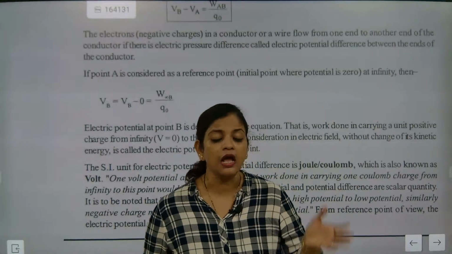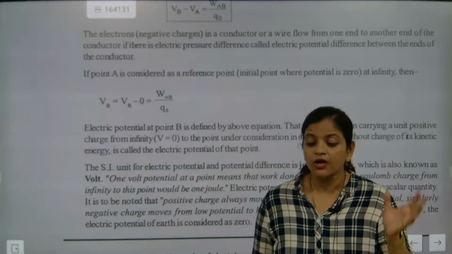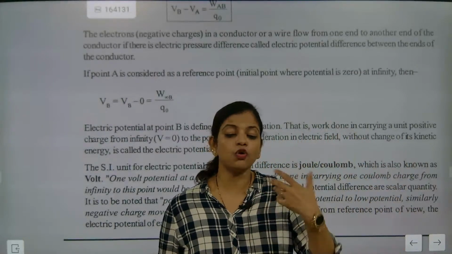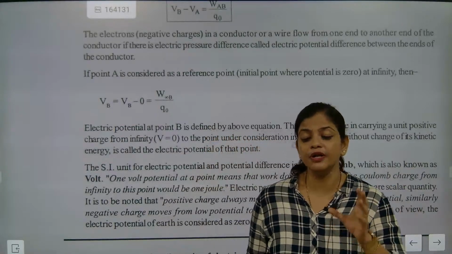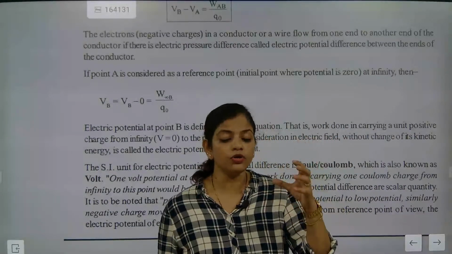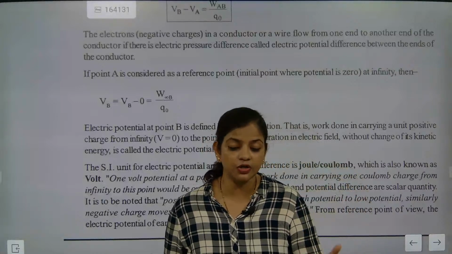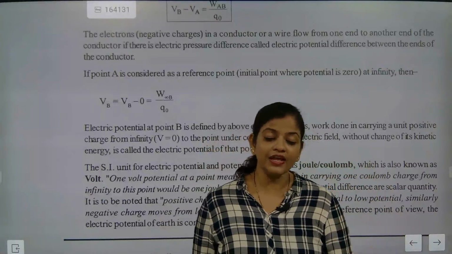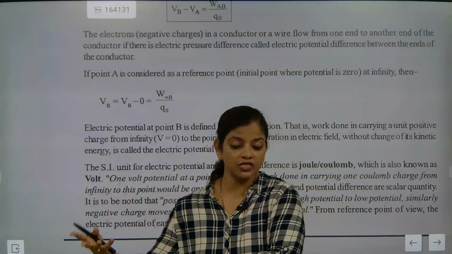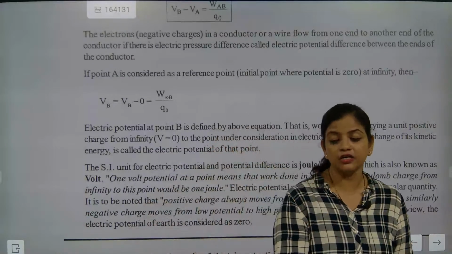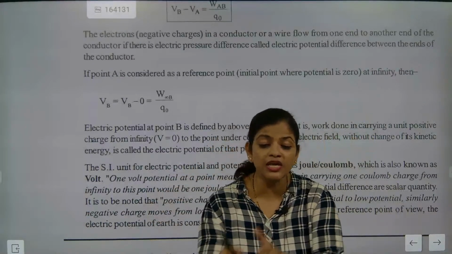I am repeating, how much charge you are moving is also a part of work done, because the work done will depend upon the amount of charges present in the field. Understood? And then only will potential difference exactly tell the movement of these charges from one terminal to another terminal, or from one point to another point.